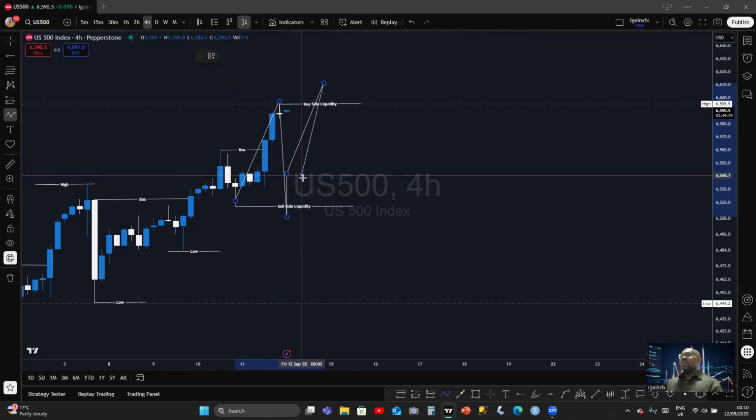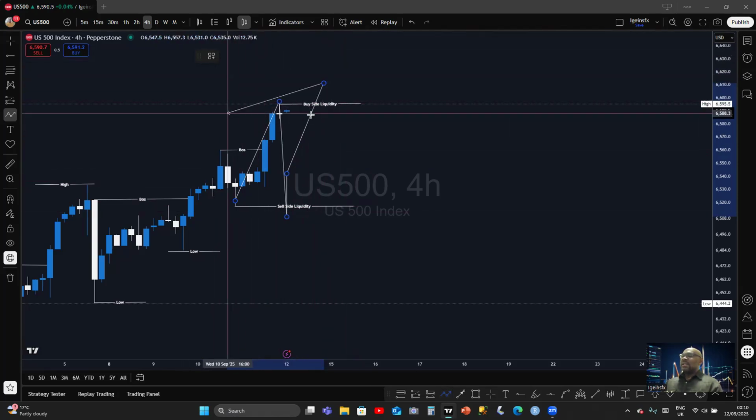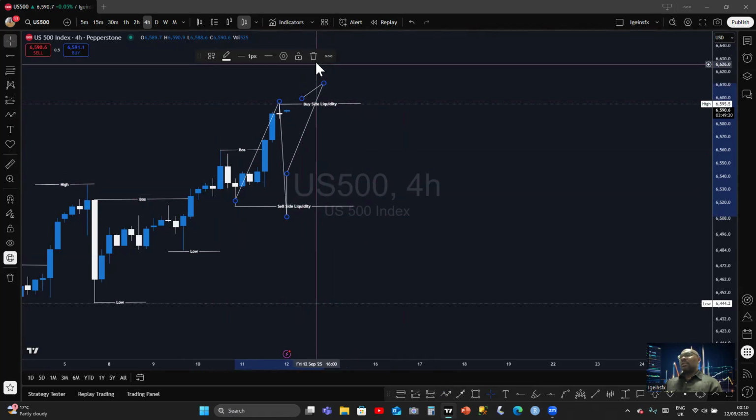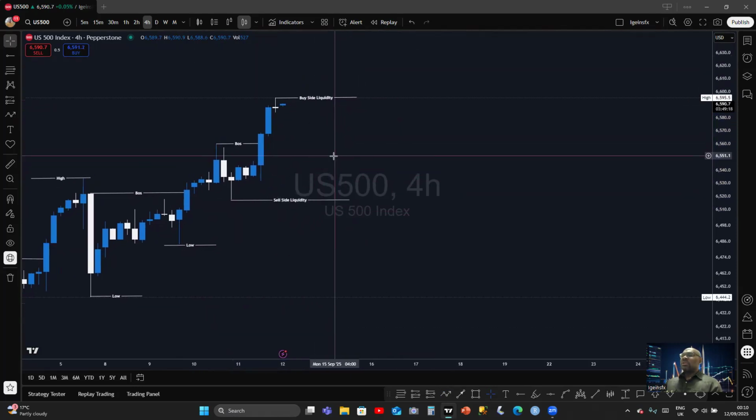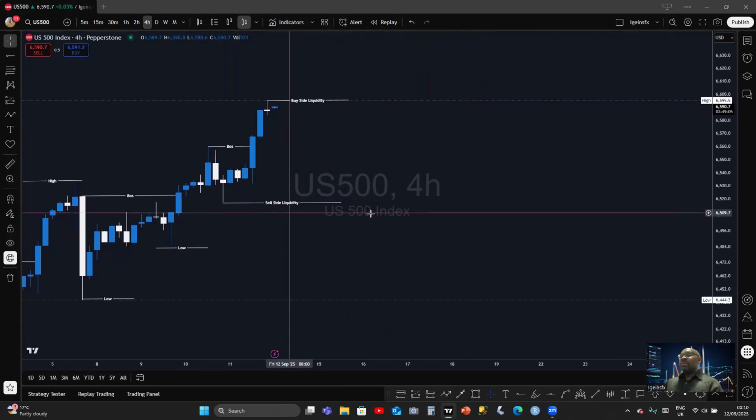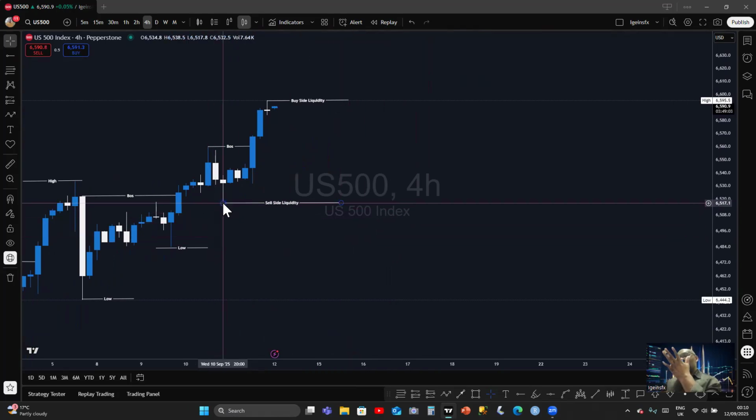Once it turns, that means every other order that is here will now be used as liquidity. So price moves in two ways. Either it comes to clear the sell side liquidity, or it goes back to grab the buy side liquidity. Where do we have the sell side liquidity?